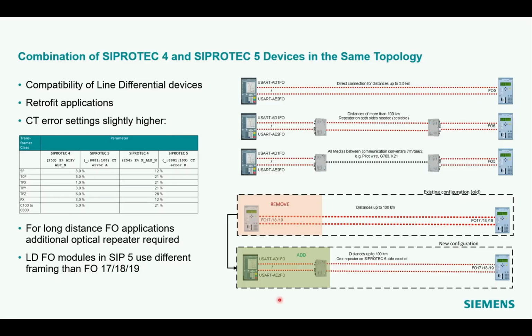In this case, you have to use a fiber optic repeater for the direct connection with the CProtect 4 device, and the connection between the CProtect 5 and the fiber optic repeater will then be the 820 nanometer multimode connection.